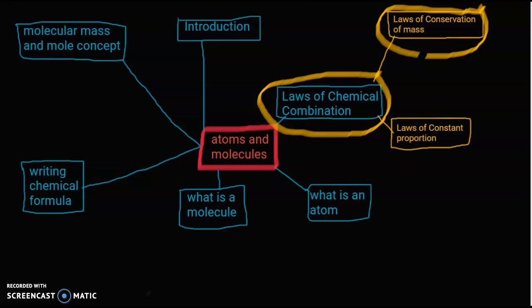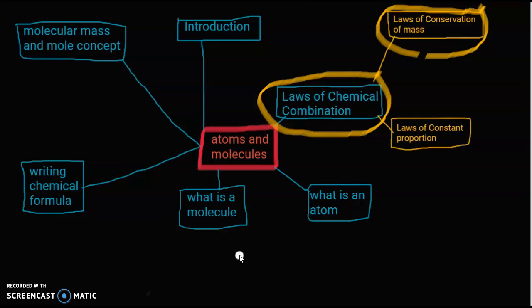There the proportion is different. But for water, from anywhere you take it, the proportion of hydrogen and oxygen will always remain constant. So this is what we call the law of constant proportion.